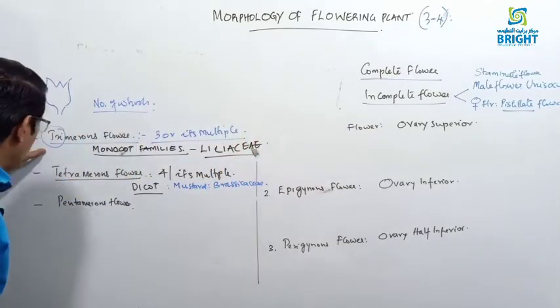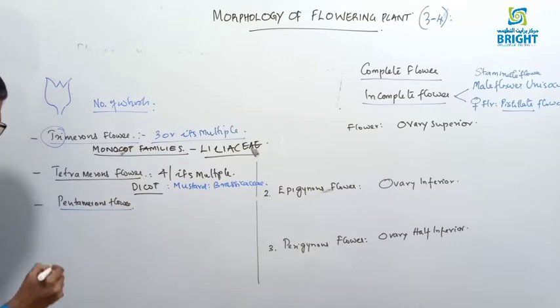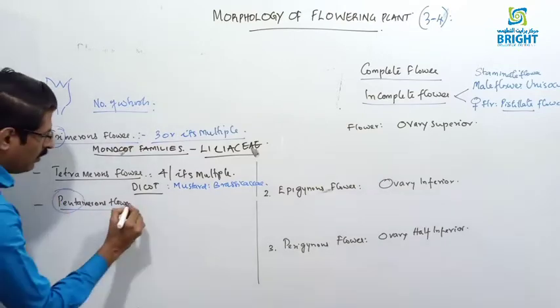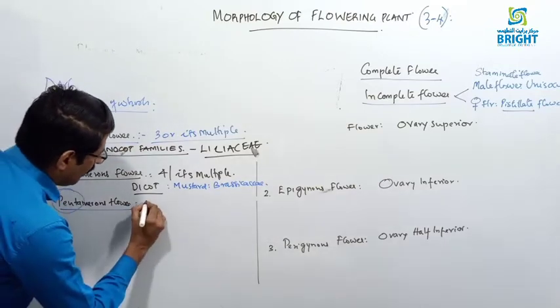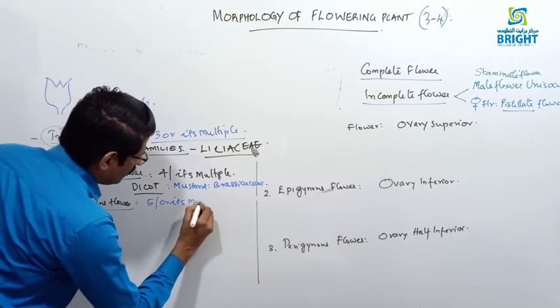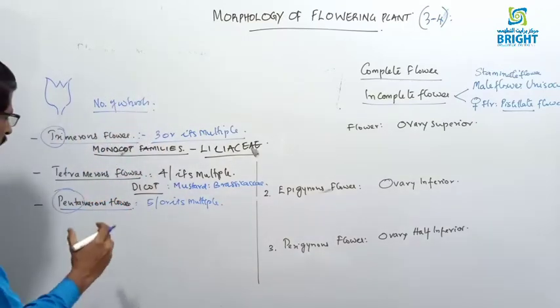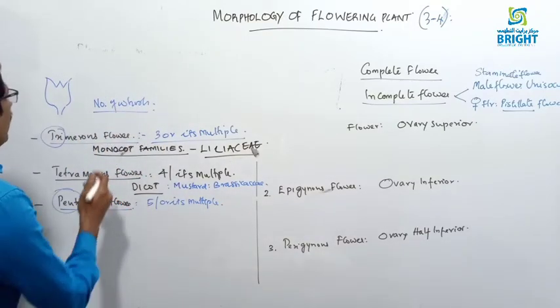So that is trimerous and tetramerous flower. And the third one is pentamerous. Penta, we know, is 5. So the floral appendages are in a number of 5 or its multiple. Let me examine one example of a pentamerous flower.